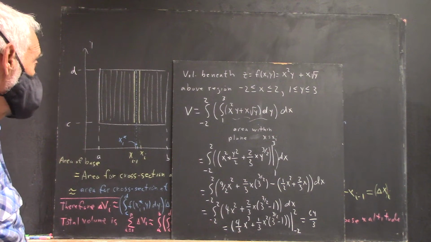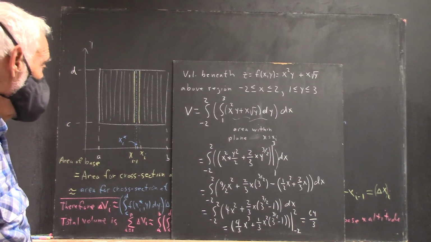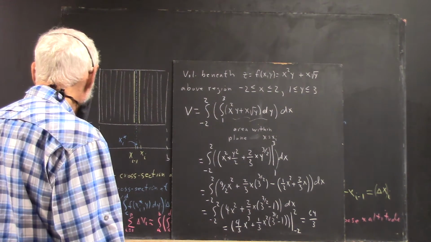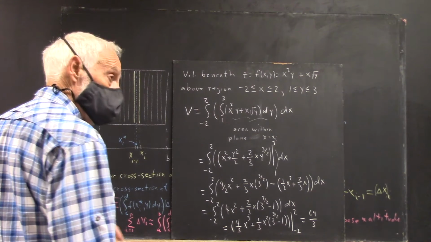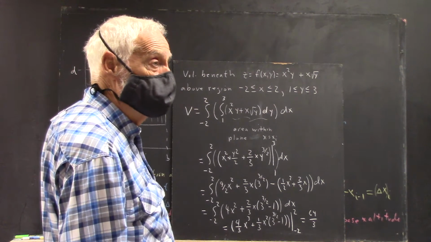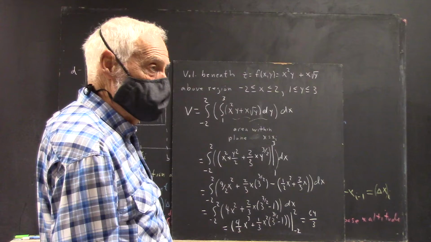and form these pictures. But one thing I want to do, and then we're going to check to see if this interval makes sense in terms of the average value times the area of the base.